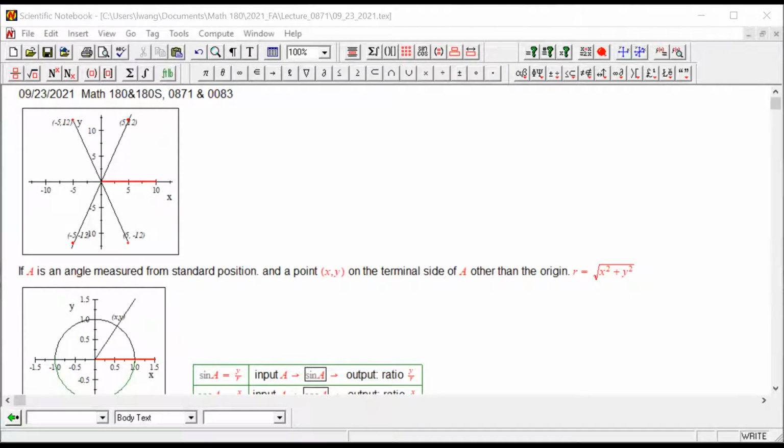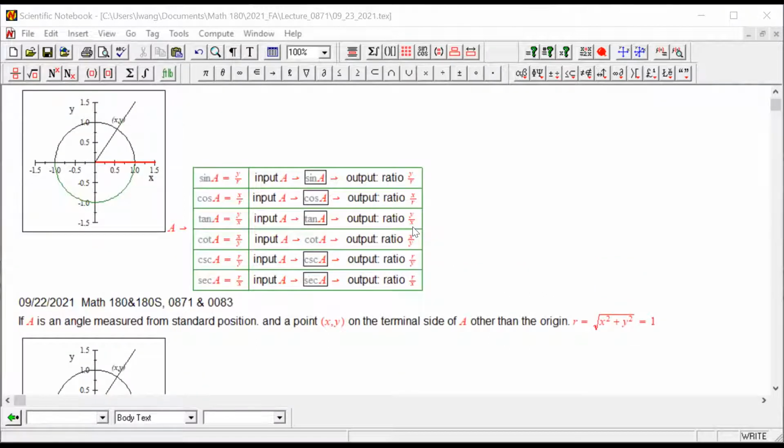All right, guys. We have spent much time talking about the definition of the trig functions. What I have in mind for today is that I want you guys to fully appreciate the definition, okay?